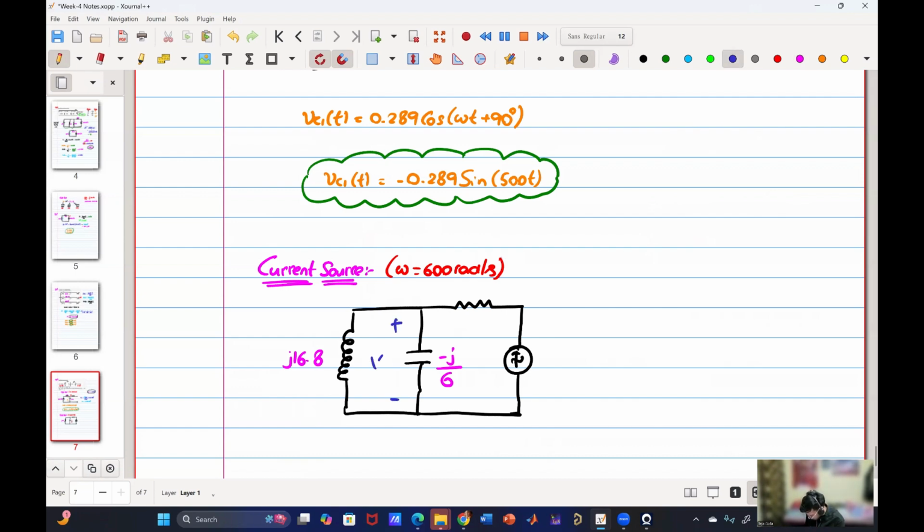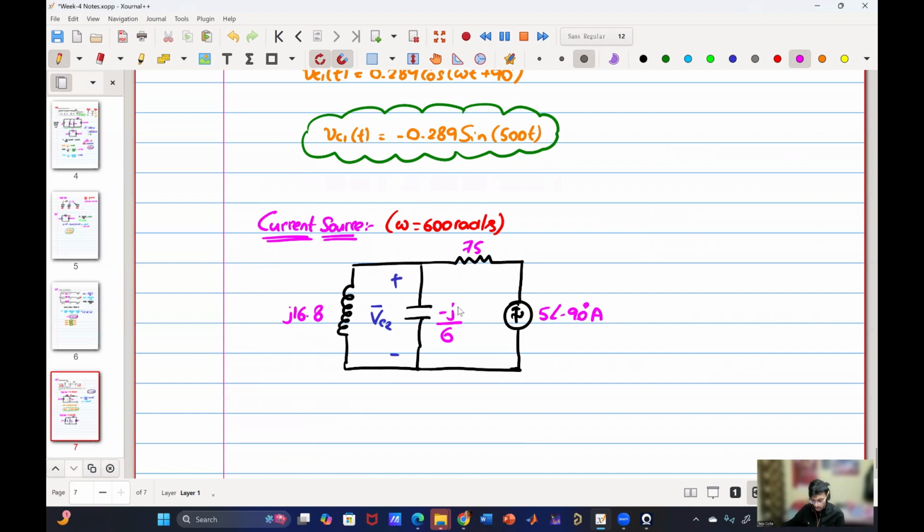So this is my VC2 phasor which I am trying to find, and the resistance is 75 and the current is 5 angle minus 90 degrees ampere. Because I know the current, if I calculate the net impedance, then my voltage VC2 will be net impedance into that current, right?